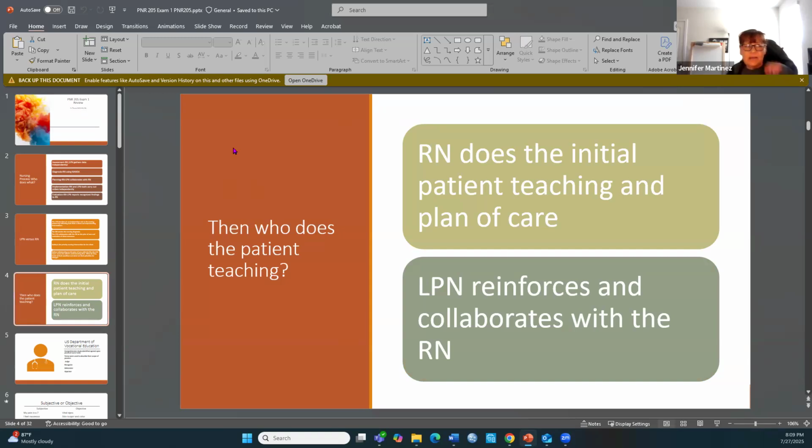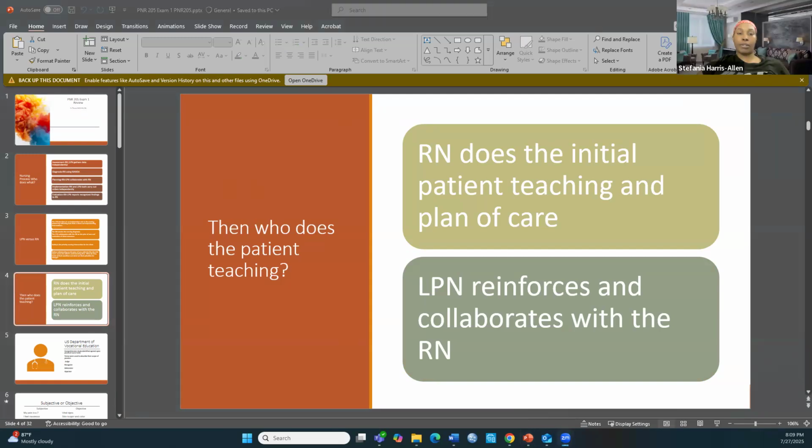Who does patient teaching? As an LPN or as a future LPN, can you provide patient teaching? Reinforcement, but not the initial. Absolutely correct. The RN is going to provide the initial education, the initial patient teaching, and then the LPN will reinforce as well as collaborate with the RN.